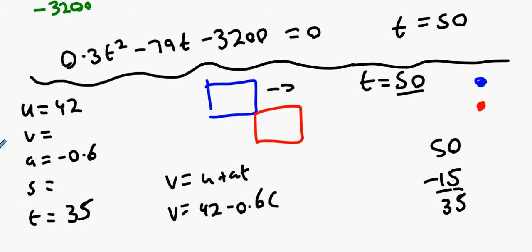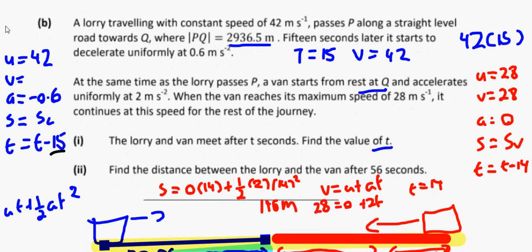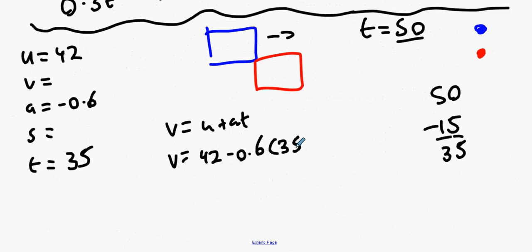We start off at 42, 15 seconds in, so we're 35 seconds worth here. And our v value is 42 minus 0.6 times 35, 21. So the lorry is still traveling this way at 21, which is grand and handy. So we're traveling at 21 for another 6 seconds.